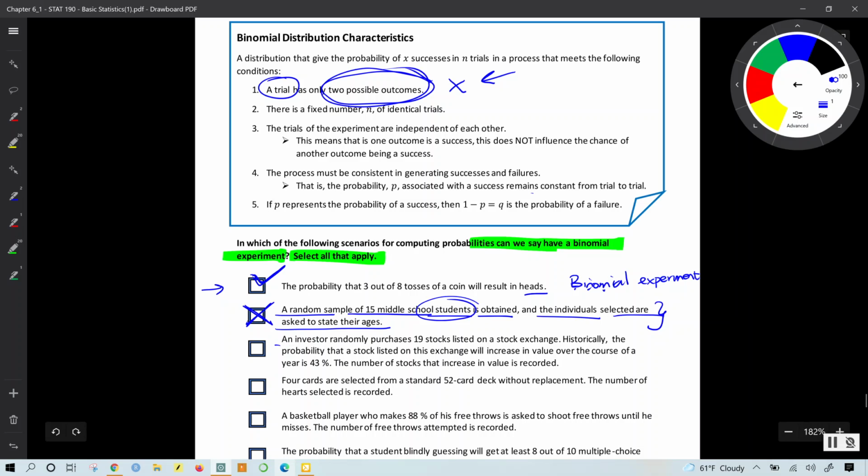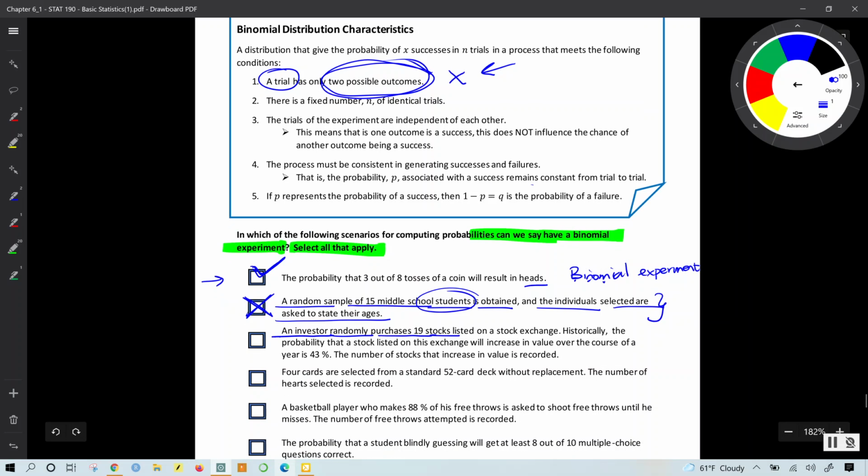We move on to the next one. An investor randomly purchases 19 stocks listed on a stock exchange. Historically, the probability that a stock listed on this exchange will increase in value over the course of a year is 43%. The number of stocks that increase in value is recorded.